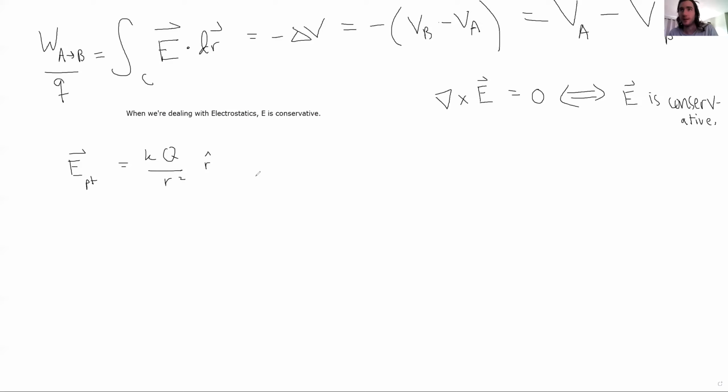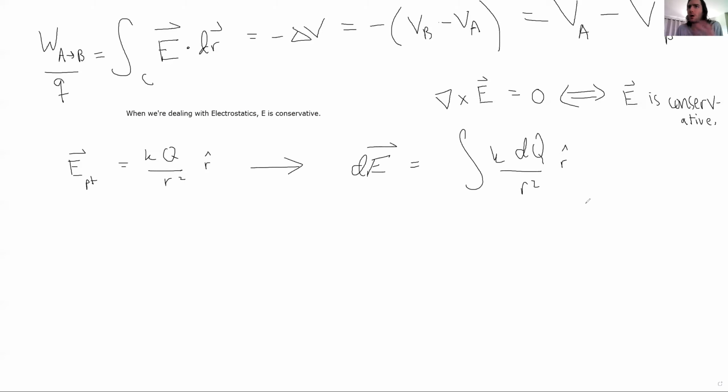Well, the truth is that all of the more complicated electric fields we've seen are built based on this point charge. So we write dE as the integral of k dq over r squared, r hat.